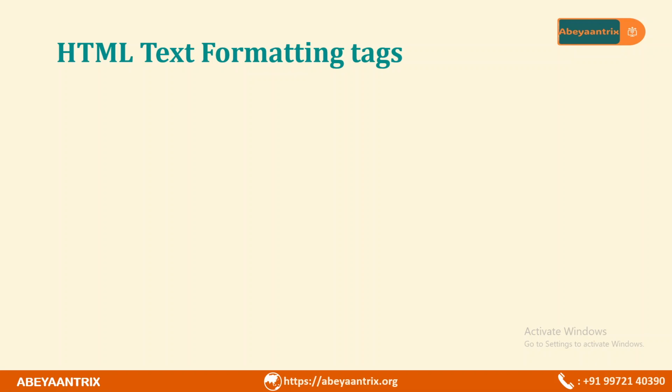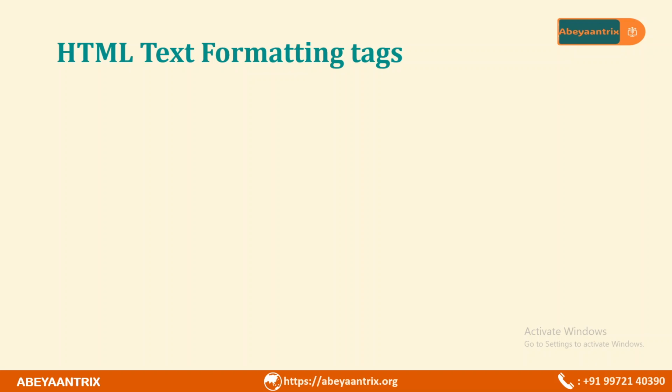Today we are diving into one of the most essential topics for any web developer: HTML text formatting tags. If you have ever wondered how to make text bold, italic, underline, or even create subscripts like H2O or superscripts like X squared, then this video is for you.